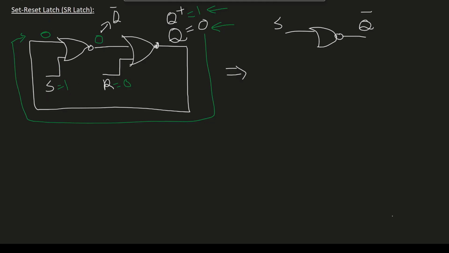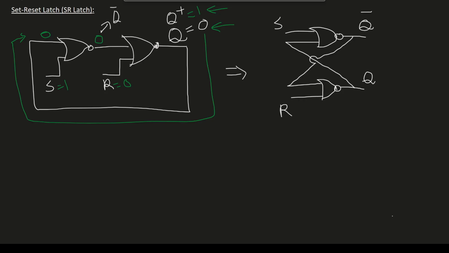Now let's draw the other NOR gate, and the output will be Q. One input of the second one will be reset. Q will be fed back into the first NOR gate, as we saw, and Q bar will be fed back as an input to the second NOR gate. So this is the circuit of the SR latch.